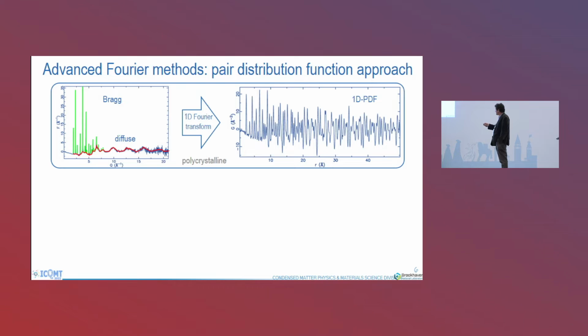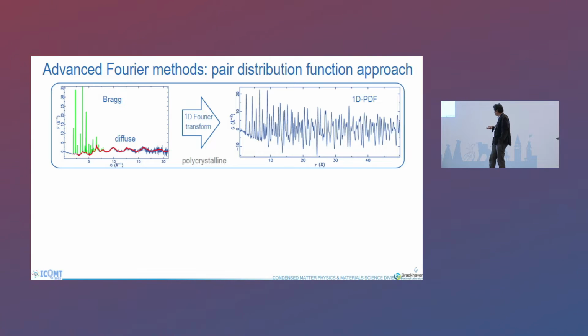If you Fourier transform this signal collected over a broad momentum transfer range, you get a histogram of interatomic distances in the material, and then you can interrogate this function on different length scales and obtain information on how it behaves on different length scales.